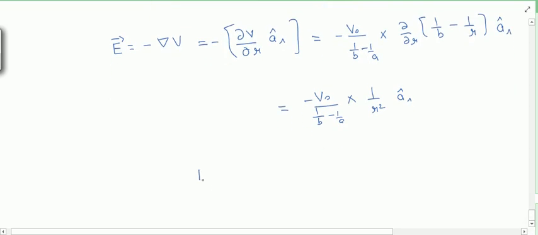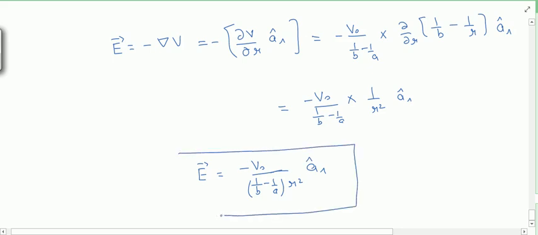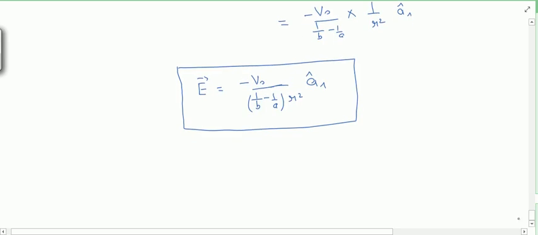Okay, so if I write here, it will be minus V naught by 1 by B minus 1 by A, you can write R square here, and the direction is a_R cap. This is the expression for electric field. Now you have to find displacement flux density.